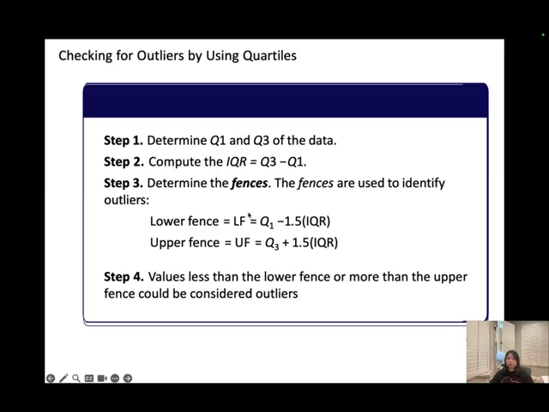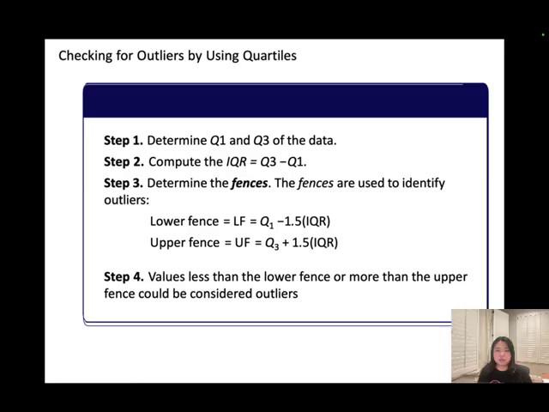Then you determine the lower fence and the upper fence. The lower fence will be Q1 minus 1.5 times IQR, and the upper fence will be Q3 plus 1.5 times IQR. After you find the lower fence and upper fence, look at the data values. If a value is less than the lower fence or more than the upper fence, then it is an outlier.